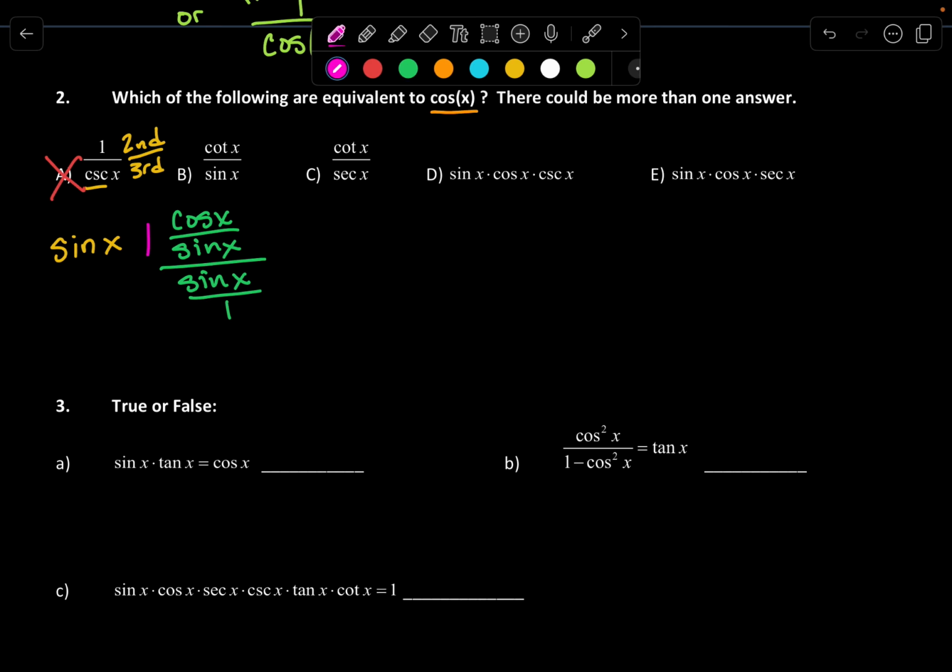So I want to keep, change, flip, which will give me cosine x over sine x. That's my keep. Change to multiplication, and then flip my second fraction. And so what I end up with is cosine x over sine squared x, which is not equal to cosine x.